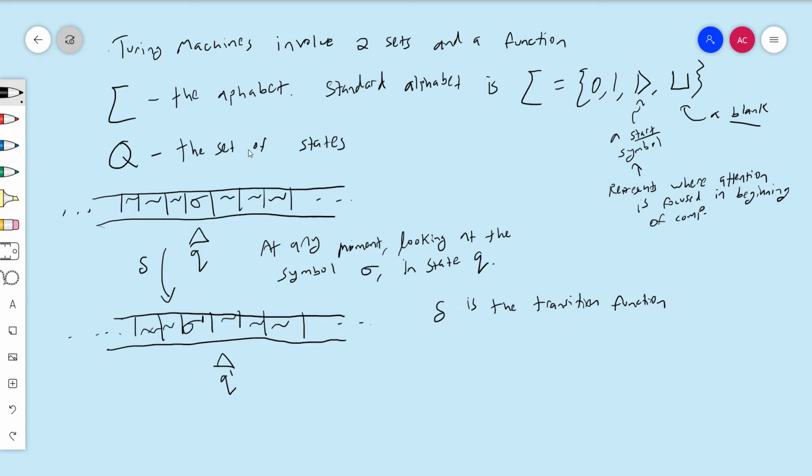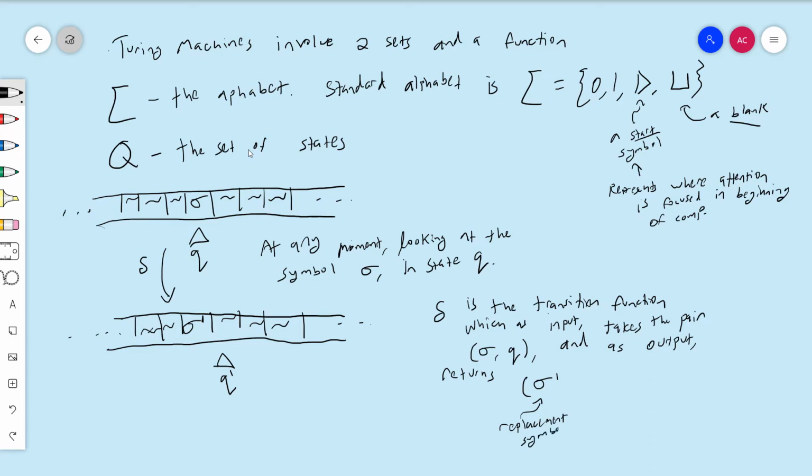It's a function which takes as an input the pair sigma, q, and as output returns three things. First, a new symbol that I want to replace the old one with, a replacement symbol. Second, a new mental state that I'm supposed to go into.